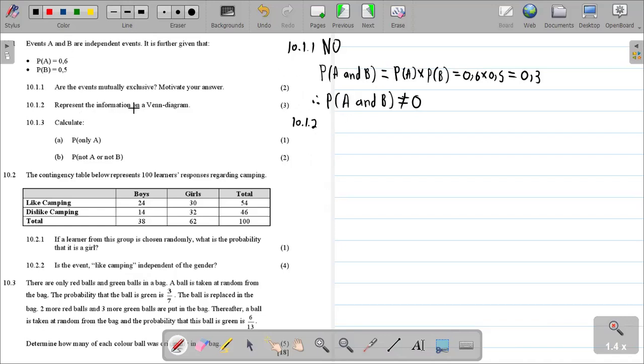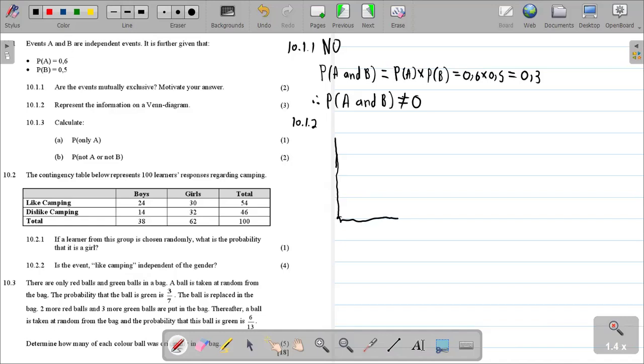Represent the information on a Venn diagram. Okay, so we found this A and B. So what is going to happen here?